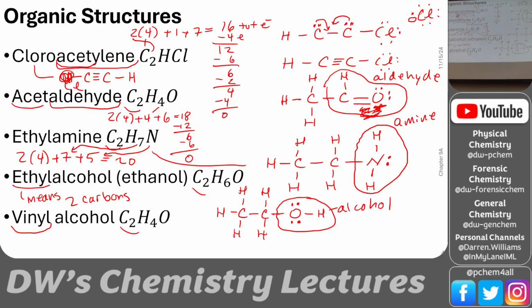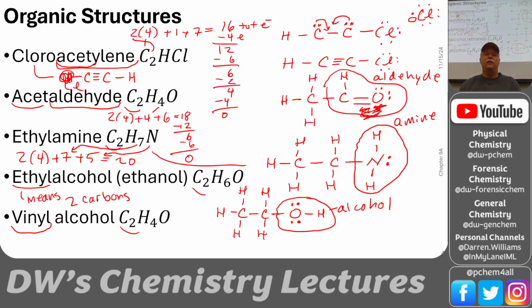The protons are sucking those electrons towards them. So we put those electrons on the oxygen or the chlorine or the nitrogen before we put them on the carbon. If we still have some after we've filled up the valence of oxygen or fluorine or chlorine, then we can put them on the carbon like we did for acetylene. And then the carbons didn't have octets, so we made the triple bond. So that's the last step.